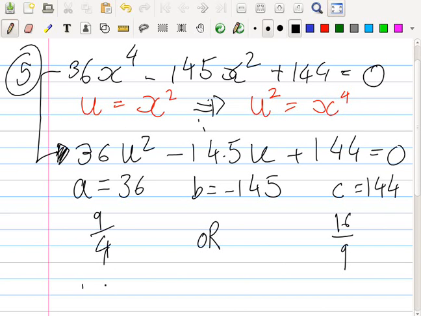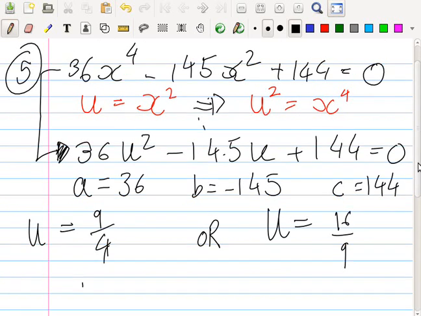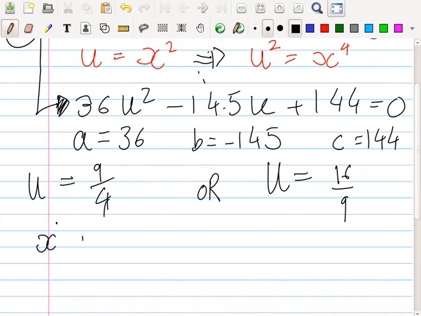Well, no, because that isn't for x, that's for u, isn't it? u equals that, or u equals that. So now we have to go back to our x. Well, u was equal to x squared, so now we have x squared equals 9/4, yeah? And x squared equals 16/9.